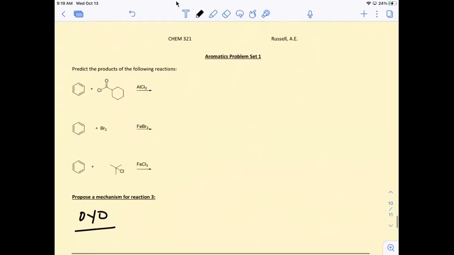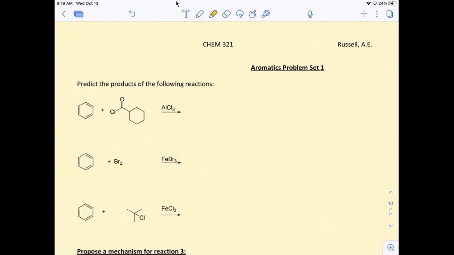It says predict the products, which is different from propose a mechanism. If I ask you to predict the products, I'm asking you to show me what the result is of these two reactants coming together and doing a reaction. If I ask you to propose a mechanism, I'm asking how that happens.